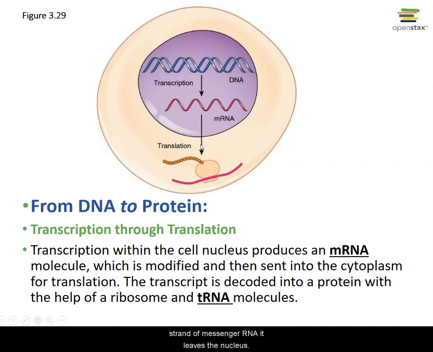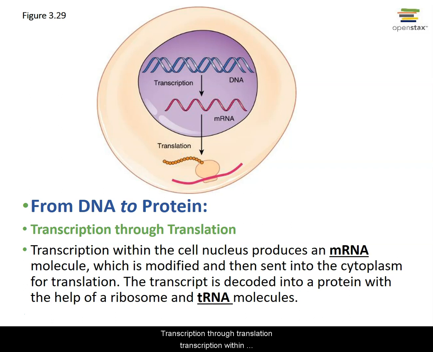It leaves the nucleus, attaches to a ribosome, and then a sequence of 3 nitrogenous bases at a time, and those 3 nitrogenous bases are called a codon, is read, and then translation happens when it's read, and that transfer RNA brings in an amino acid according to the codon on that messenger RNA.